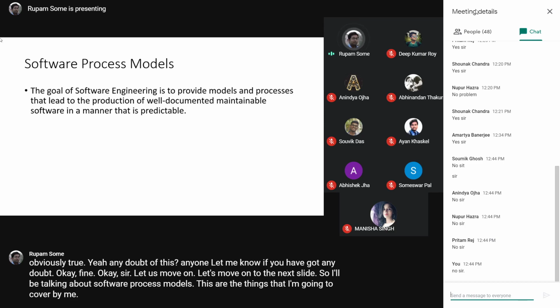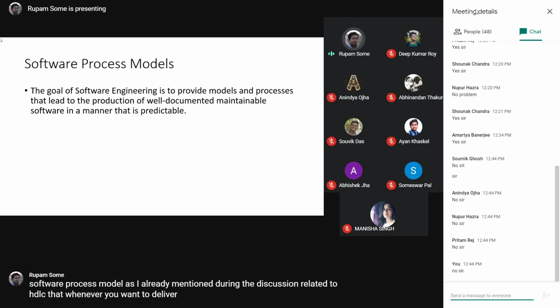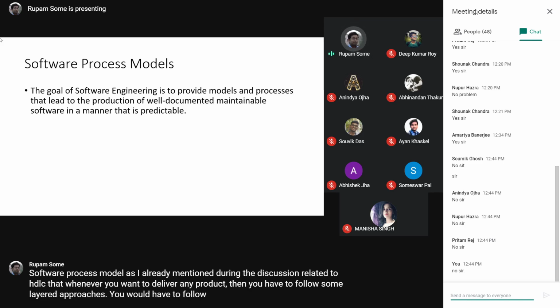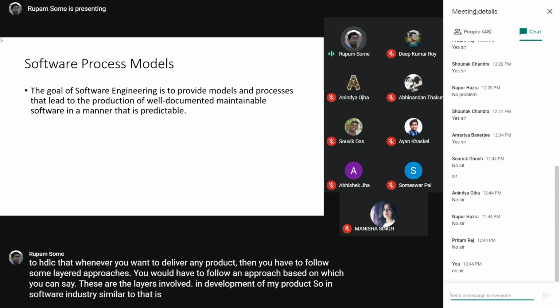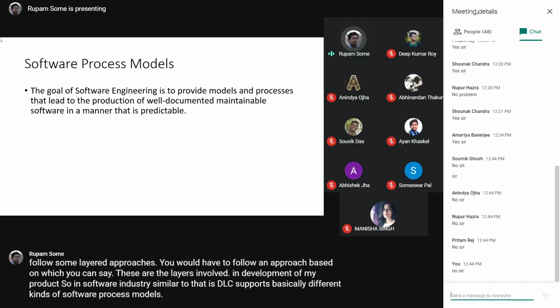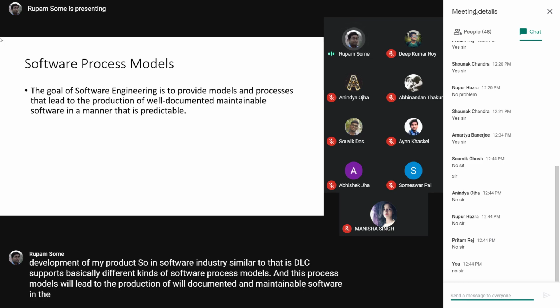So in the software industry, SDLC supports different kinds of software process models, and these process models will lead to the production of well documented and maintainable software in a predictable manner. There are so many different models available, each and every model consisting of different phases. So you would have to choose your model before you start your development.